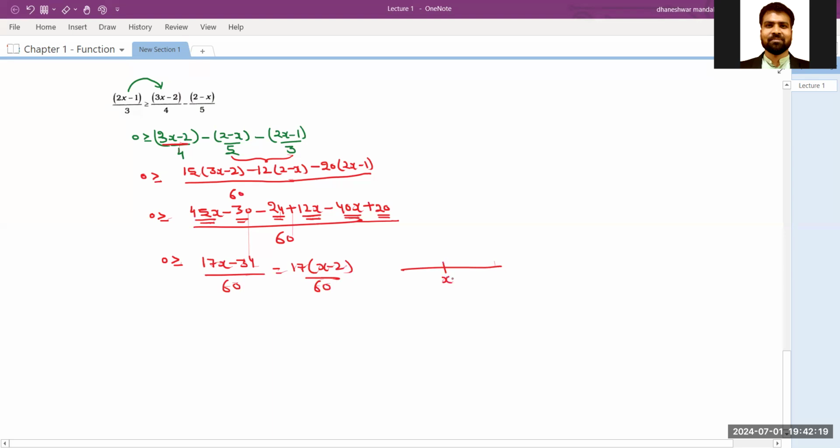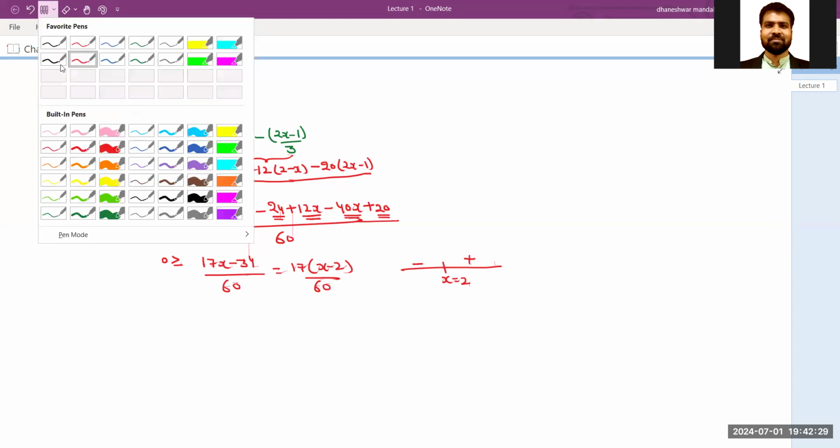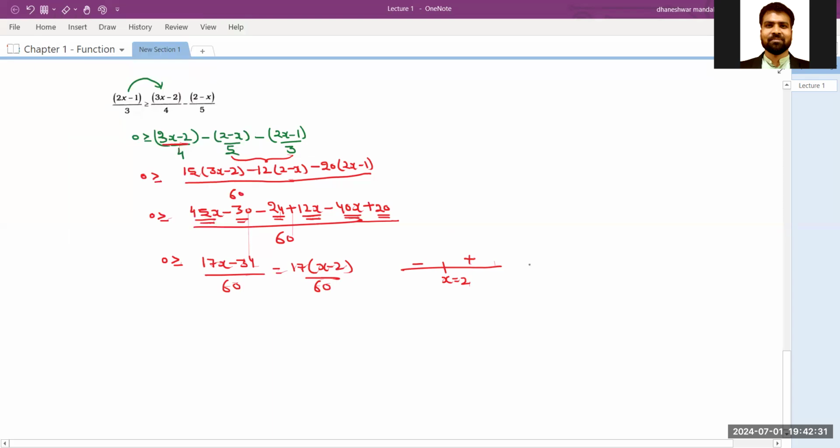So here we have x equal to 2, and plus sign is there, minus sign is there. Then what is the solution? What is the solution from here? See, this whole expression is now less than 0, so I have to take the negative region. So the answer will be minus infinity to 2, close bracket.